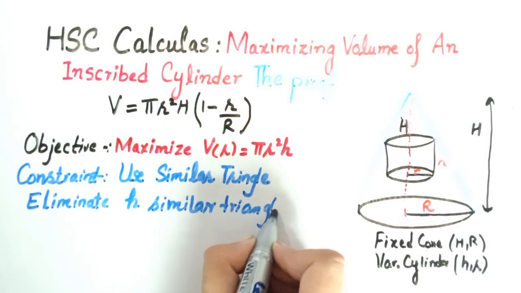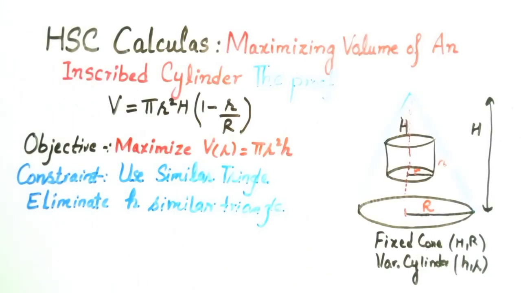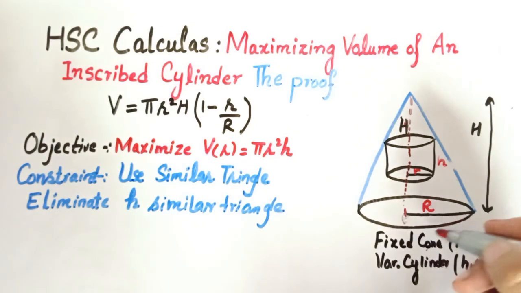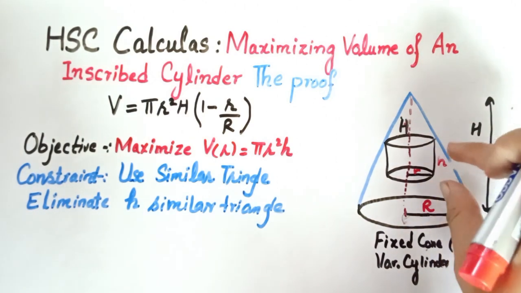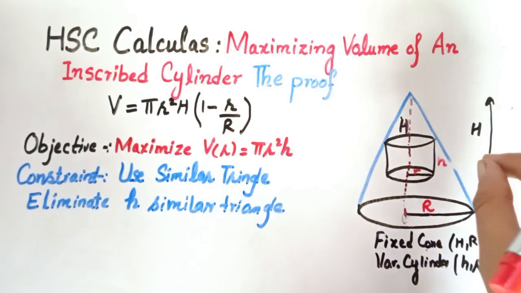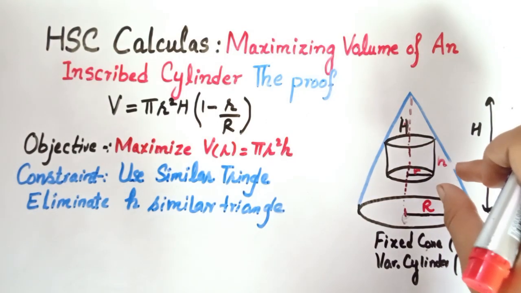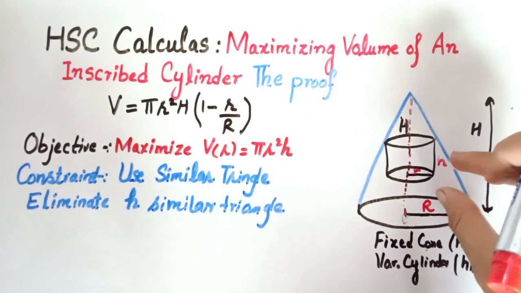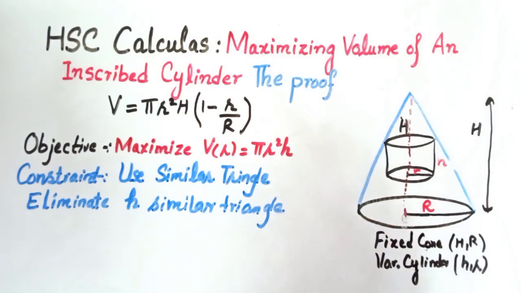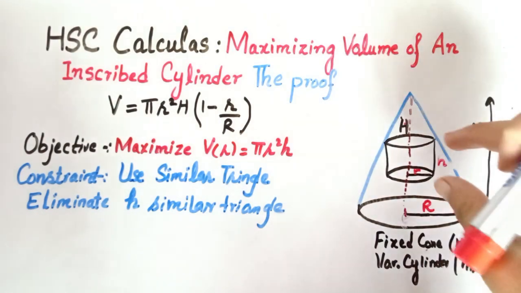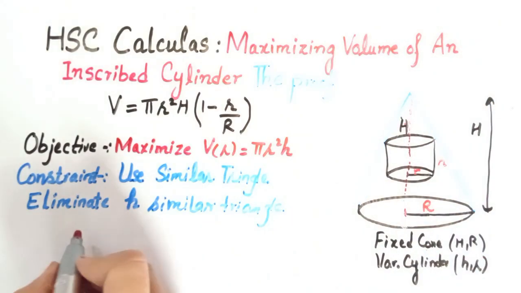How will we prove this? First of all, we will see that in similar triangles the ratios are: this height is capital H and the other one is capital H minus small h.